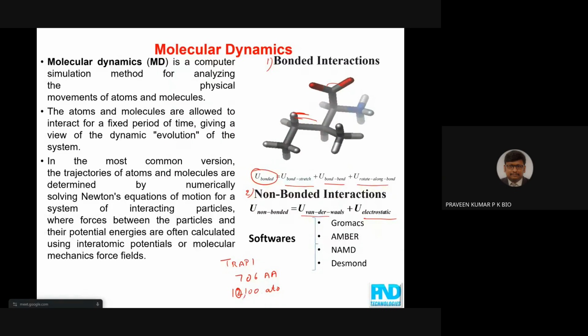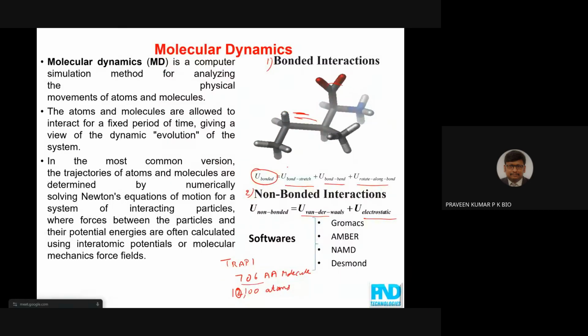So if you have this many atoms, how do these molecules and atoms have this kind of energy? For each and every molecule, and that's what I call an amino acid a molecule, we calculate energy through energy trajectories, and we sum up all the energy trajectories of the 706 amino acids to calculate total energy.